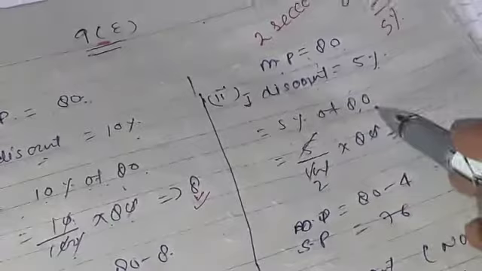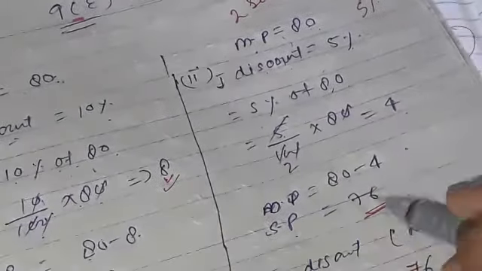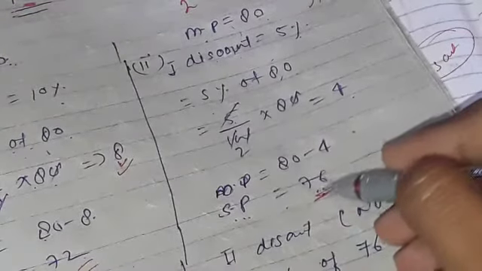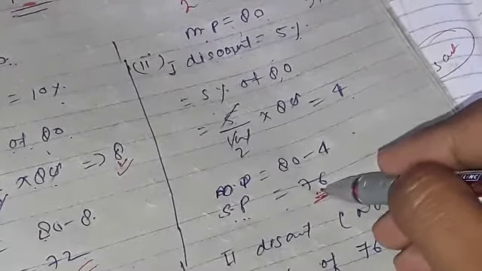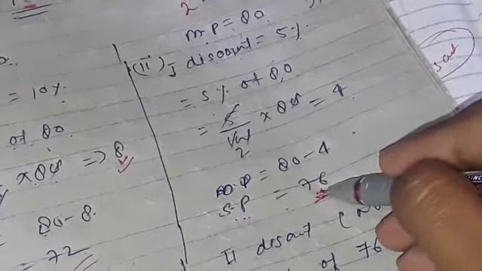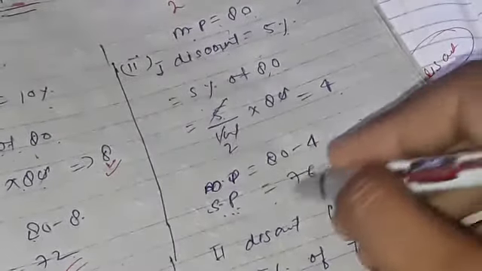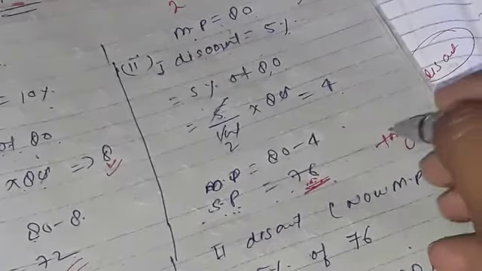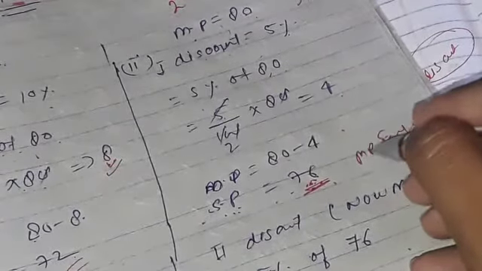So 5% of 80 is 4 rupees. So the selling price for the shopkeeper is 76. It means the shopkeeper can sell that object for 76 and you can buy this object for 76. What is the meaning of that, class? For the seller this is the selling price, but for you this is the marked price.